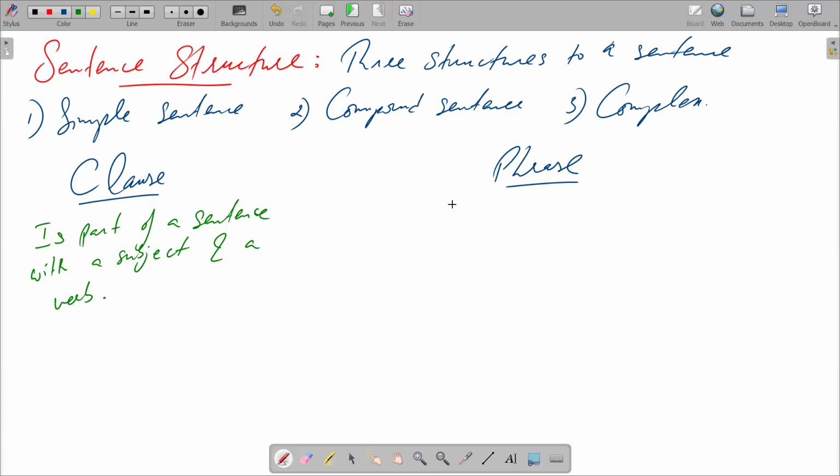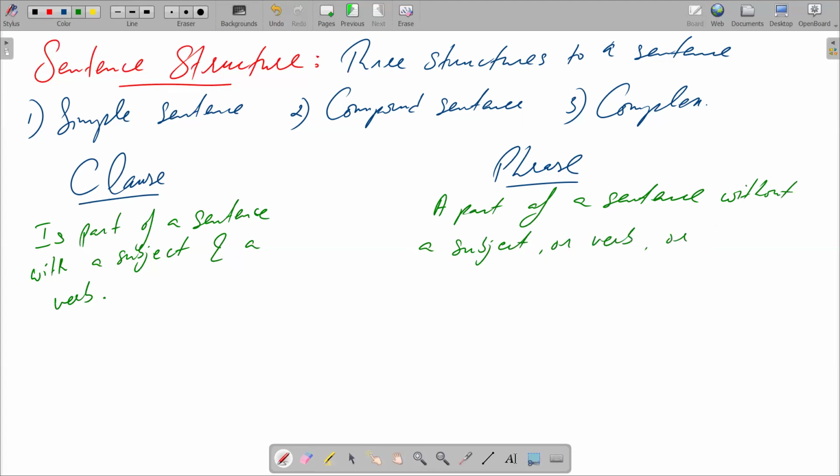And a phrase is part of a sentence without a subject or verb or both. Right? It doesn't have either a subject or a verb.